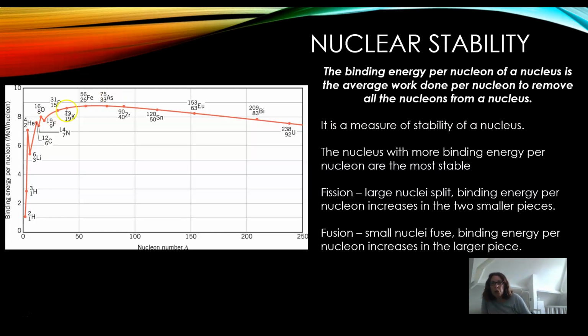If you are smaller than iron, so here, you need to increase your binding energy per nucleon by making your nucleus bigger. So you would undergo fusion. So these elements are undergoing fusion. Interestingly, helium-4 is higher than lithium. It's because they're equal to each other.